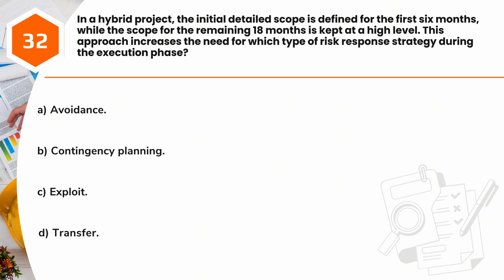Question 32. In a hybrid project, the initial detailed scope is defined for the first 6 months, while the scope for the remaining 18 months is kept at a high level. This approach increases the need for which type of risk response strategy during the execution phase? A. Avoidance. B. Contingency planning. C. Exploit. D. Transfer.